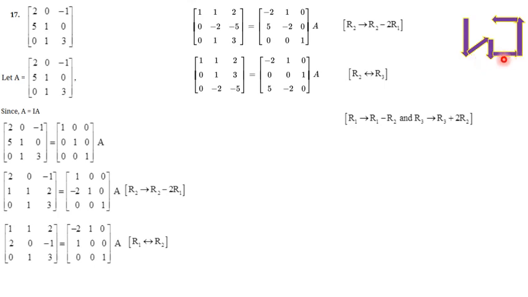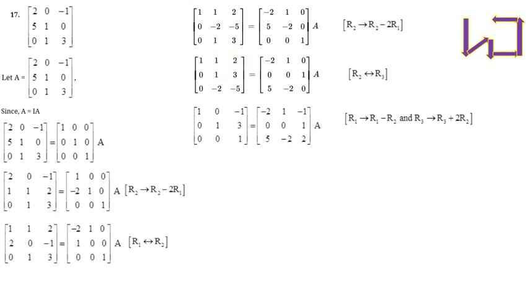We didn't follow any mental map. So R1 changes to R1 minus R2 and R3 changes to R3 plus 2R2. After doing the transformation, R1 changes to R1 minus R2. See, 1 minus 0 is 1. 1 minus 1 is equal to 0.